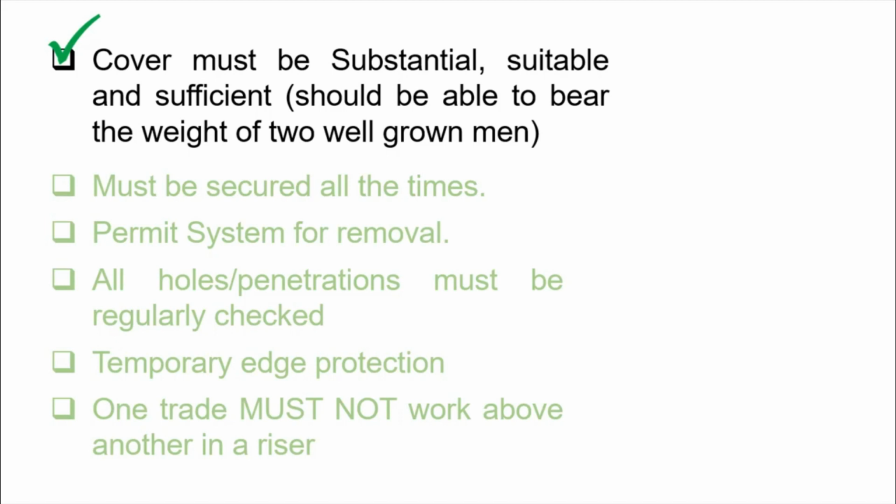So it's always better that the cover is designed to carry the weight of 2 well-grown men. It must be secured at all times, so it's not just put on top of the opening, it should be secured. It depends on us how we secure it, by bolts or by nails. It's up to you, but you need to make sure that it is not easily removed by someone.